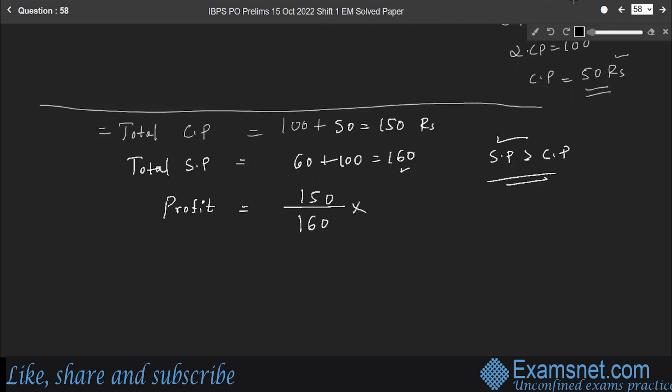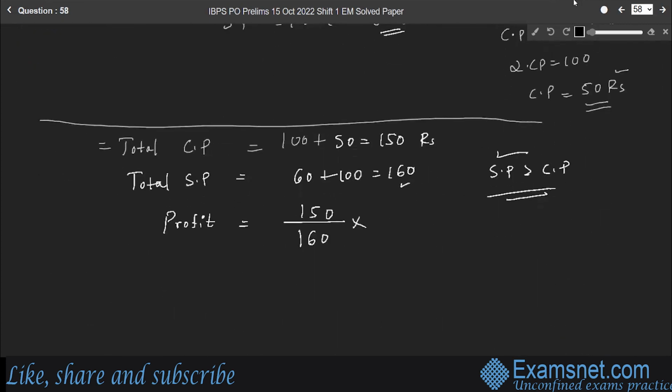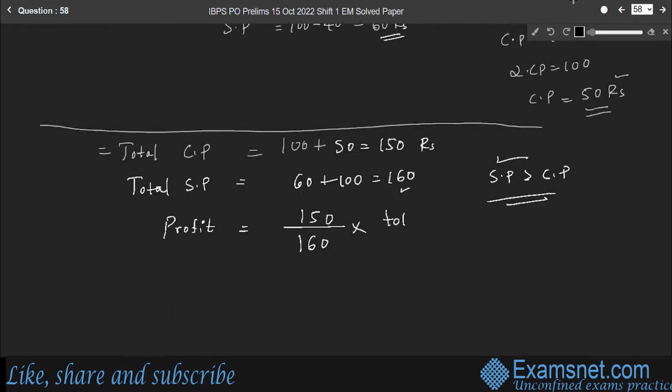Therefore, here the total selling price is given as 3,200. Therefore, for the total selling price, this gives not the profit, it gives the total cost price, the actual cost price of 2 fans, right?